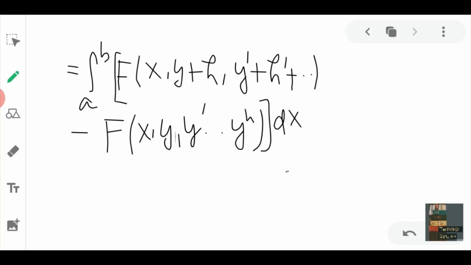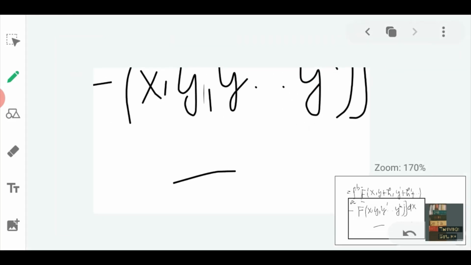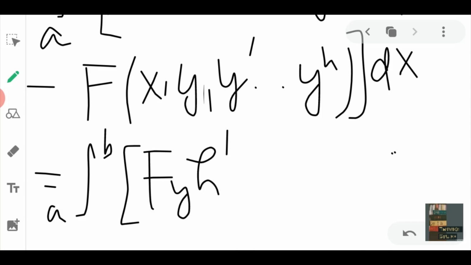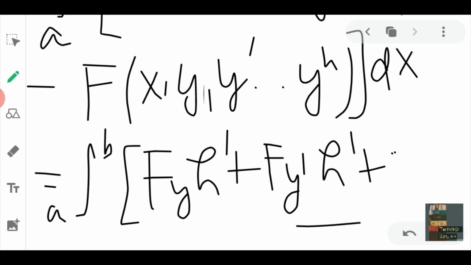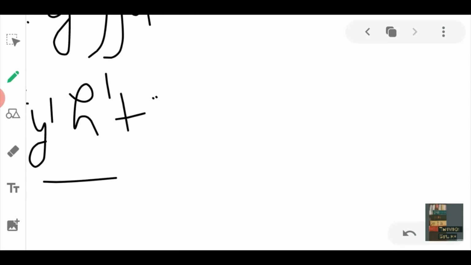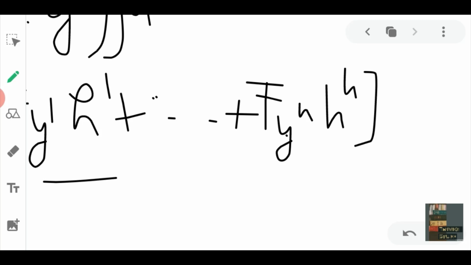Using Taylor's theorem, if we use it to expand this, we are interested only in the first variation, which is delta J. So we write the first variation term, which is given by the following: dot dot dot plus F sub y^(n) times h^(n), don't confuse h and n, dx, plus dot dot dot.